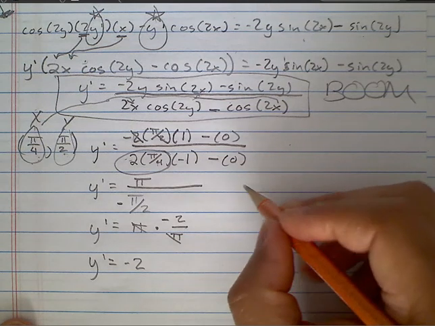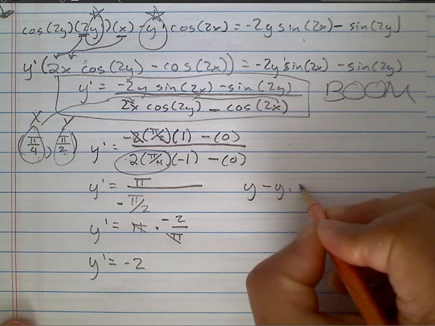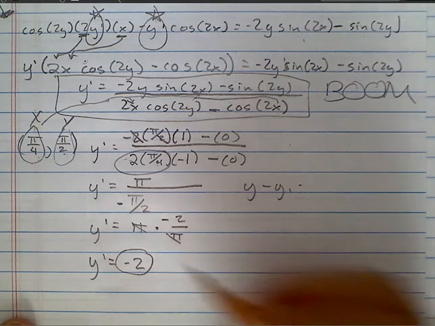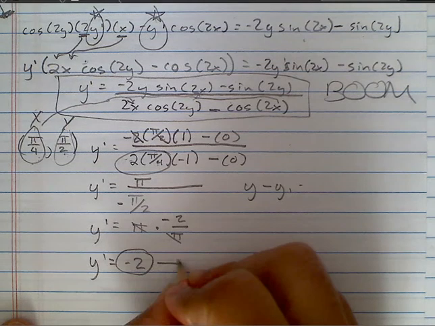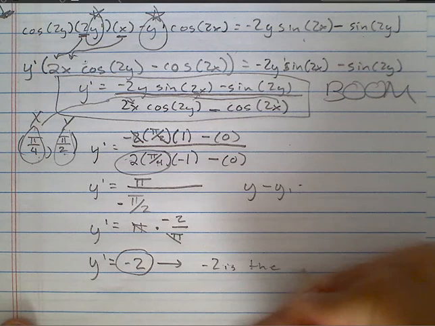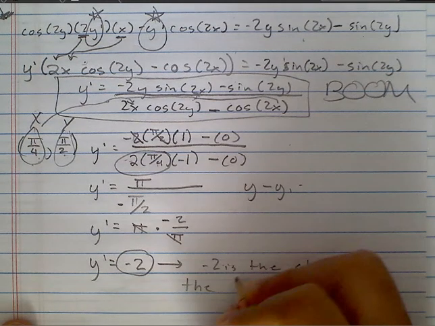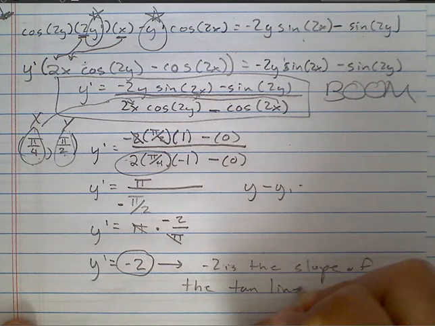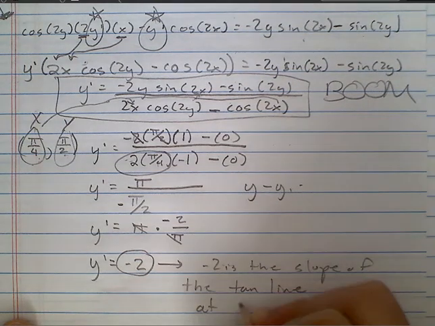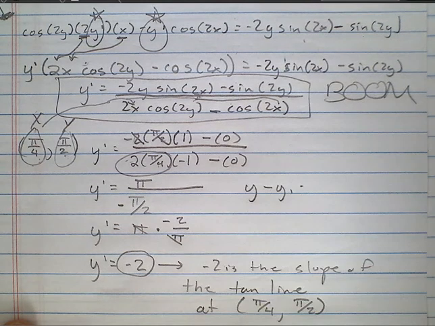Anyway, alright, so you end up with y minus y1. Here we go. Let's identify it. What did we just do? Negative 2 is the slope of the tangent line at the point pi over 4, comma pi over 2. Alright.